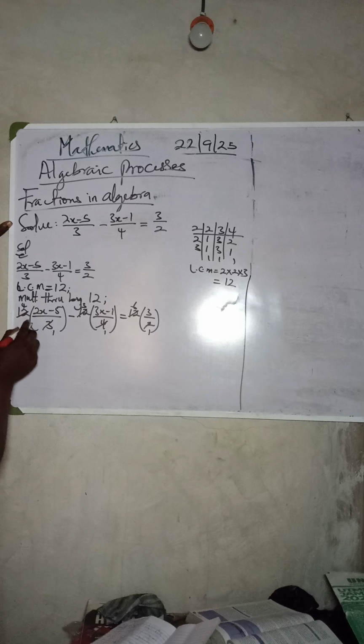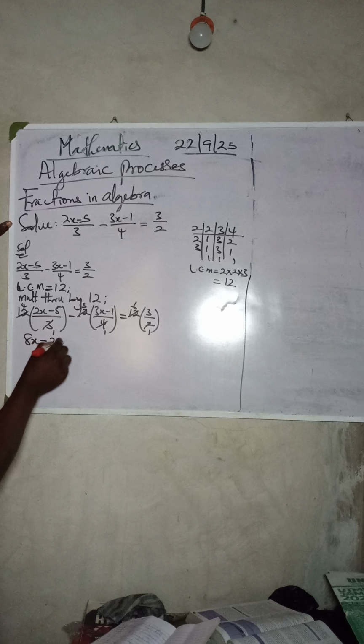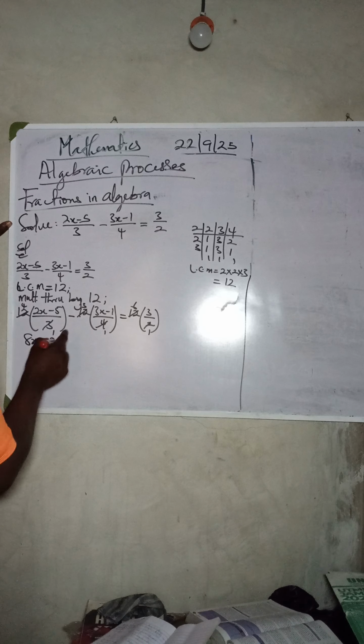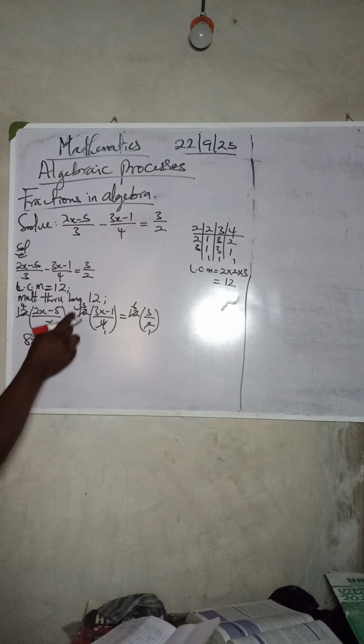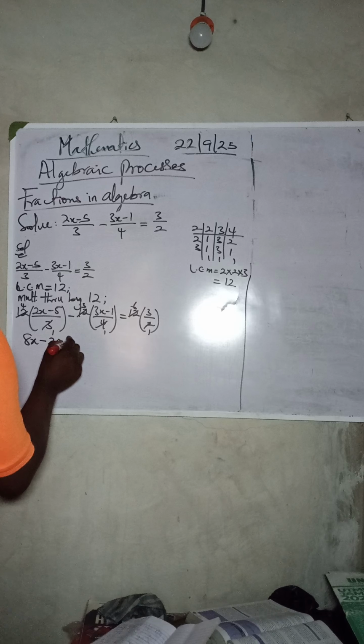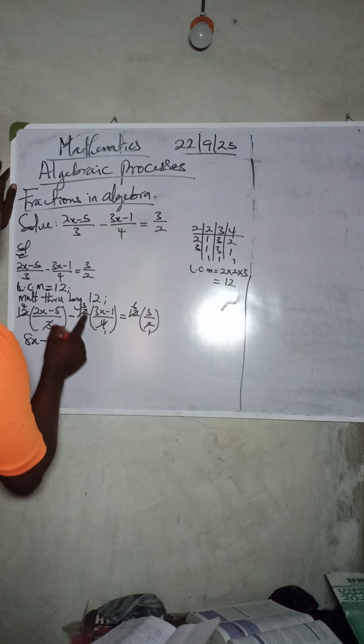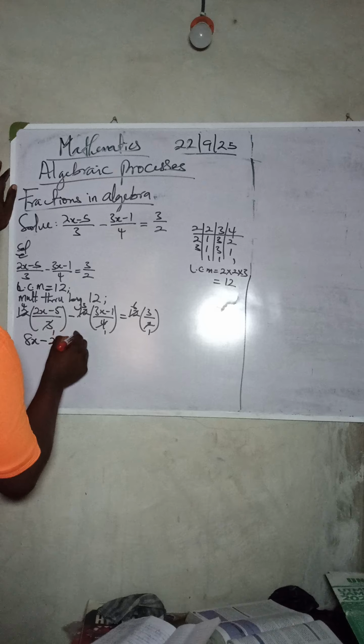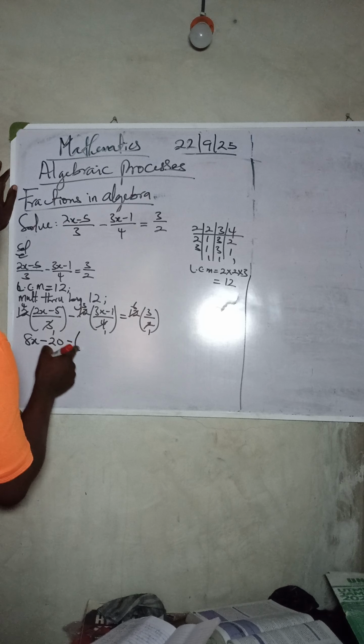Expand the bracket. I now have 4 times 2x, I have 8x. 4 times minus 5, I have minus 20. Then I have 3 here. 3 times this is minus. So now let us expand this. 3 times this, please put this bracket.